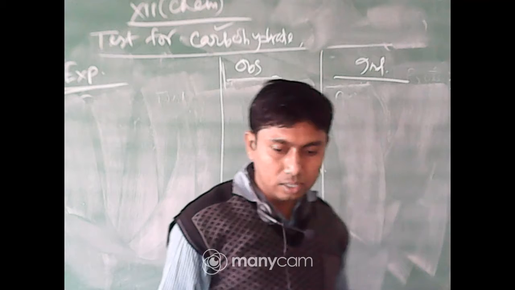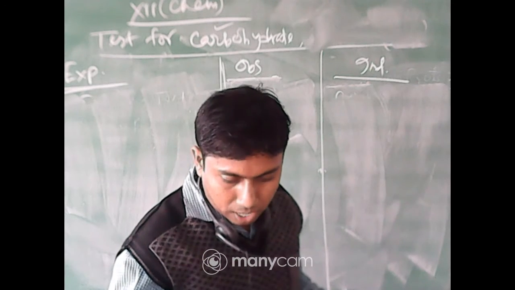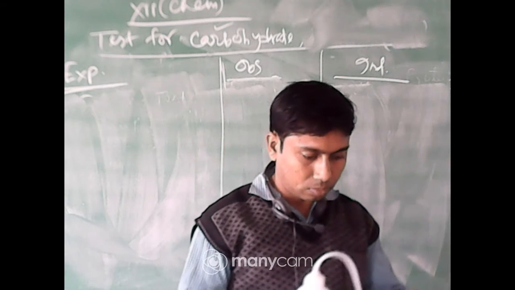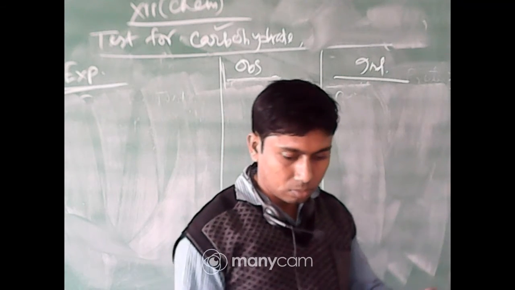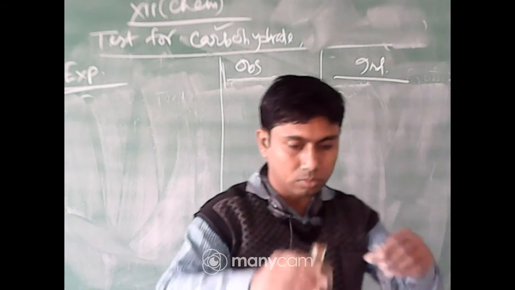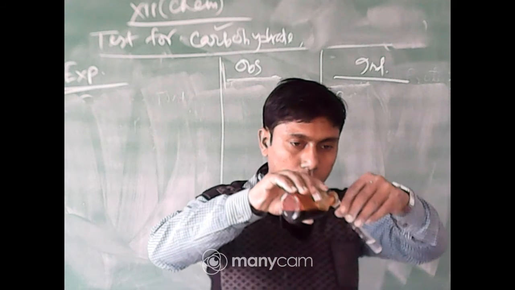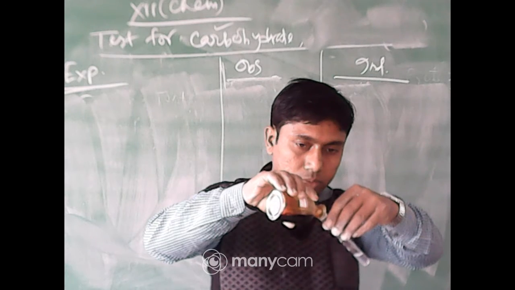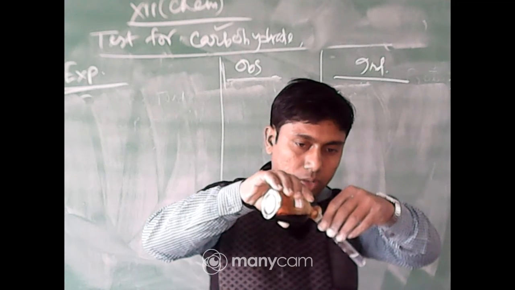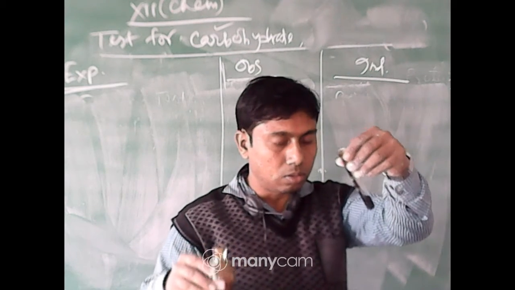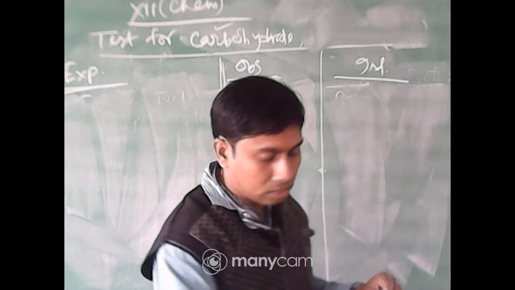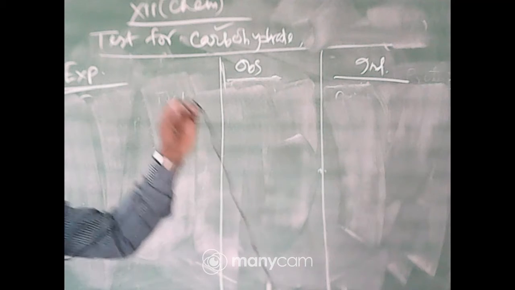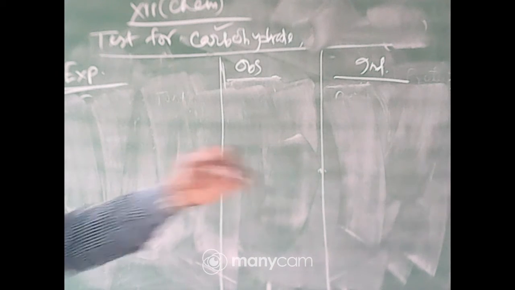Now we will add the iodine solution. Only 1 or 2 drops of iodine solution should be added, otherwise it produces a very vivid blue color. Okay, we can see it by changing its concentration.